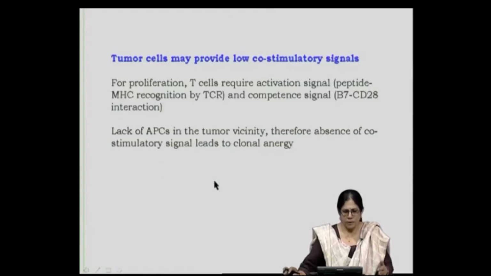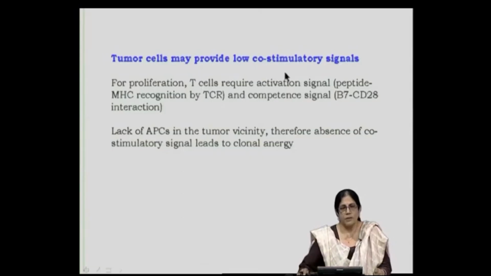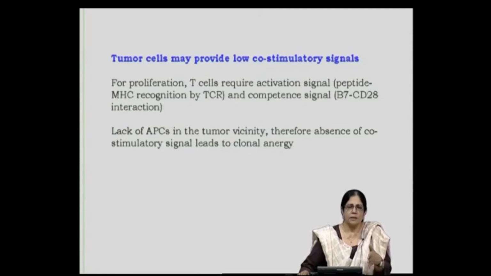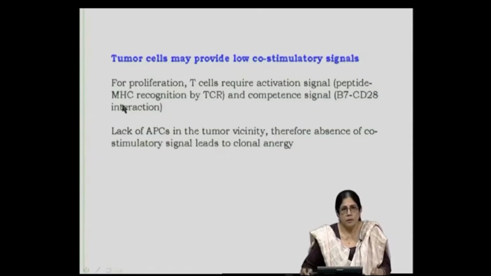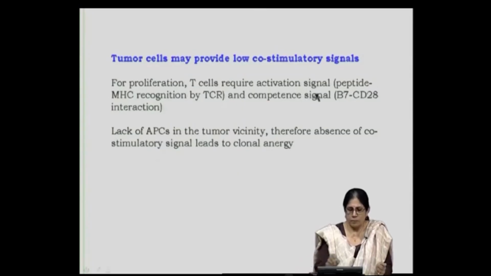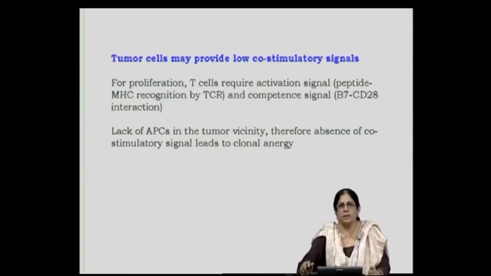Now, this is not something which probably the tumor cells do actively like in the previous cases, but tumor cells may provide low co-stimulatory signals, and this could be a mechanism by which tumor cells can escape the immune response. Okay. So, for proliferation of T cells, you might remember, apart from the activation signal which is through the peptide MHC recognition through TCR or T cell receptor, there is a competence signal required.